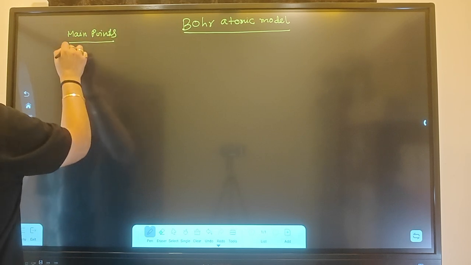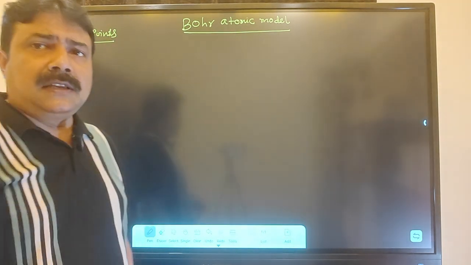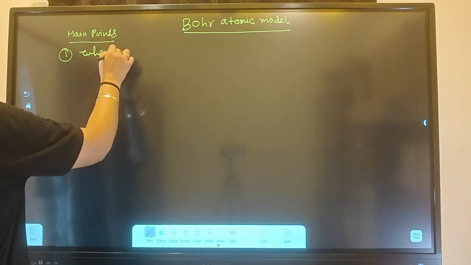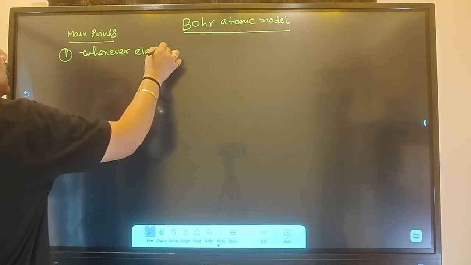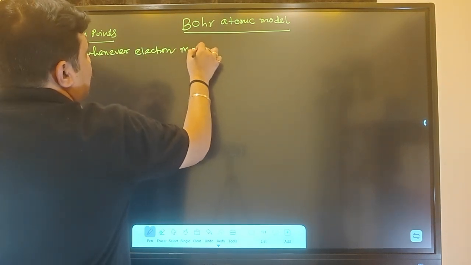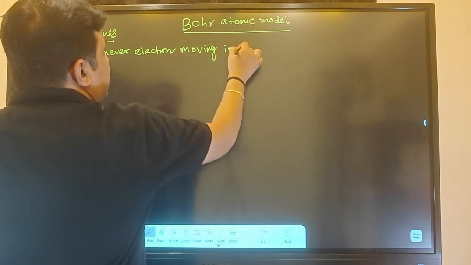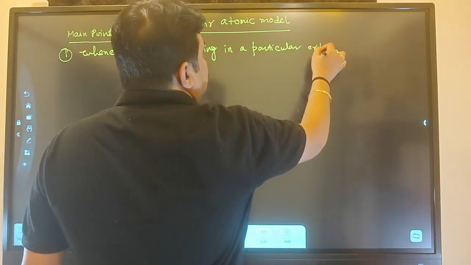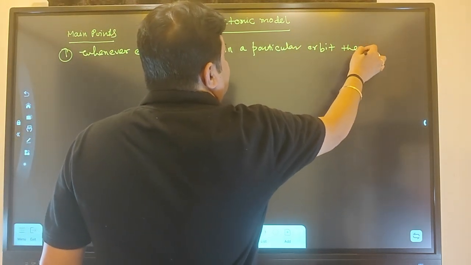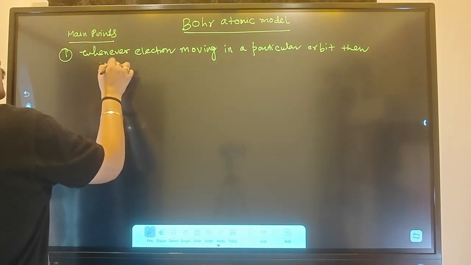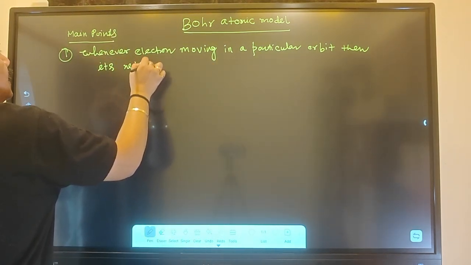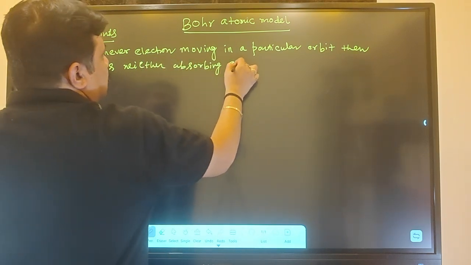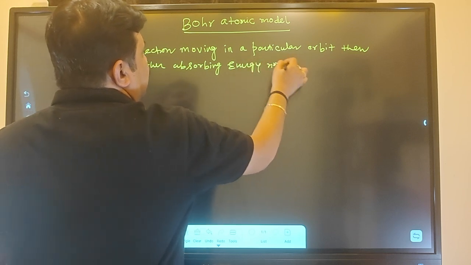First, he nullified the demerit of the Rutherford model in this way: whenever an electron is moving in a particular orbit, it is neither absorbing energy nor releasing energy.